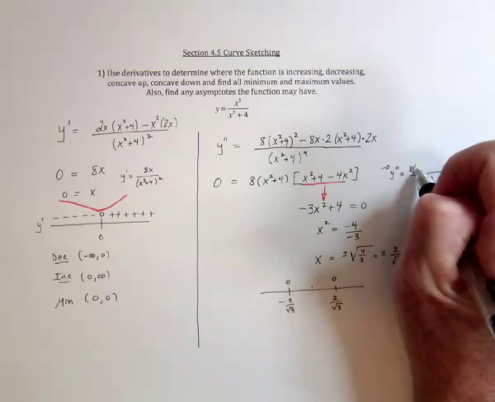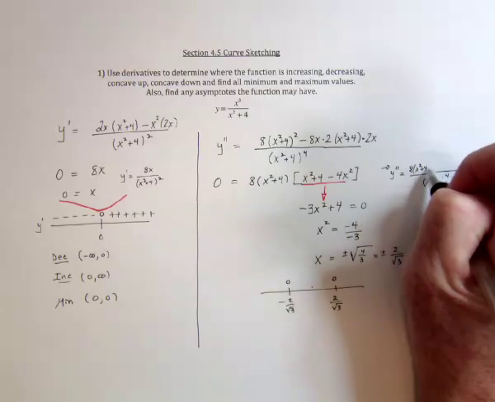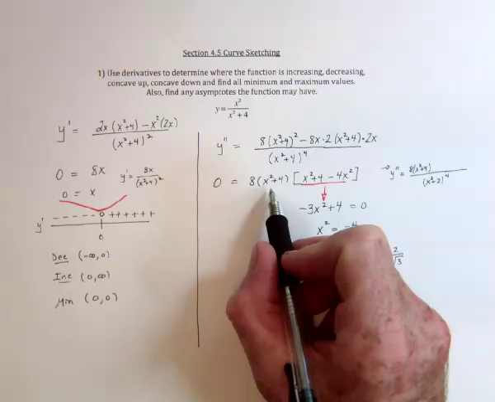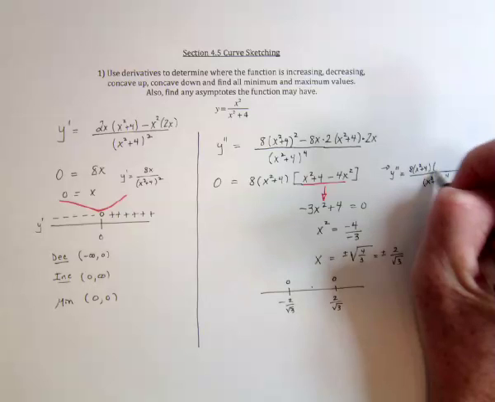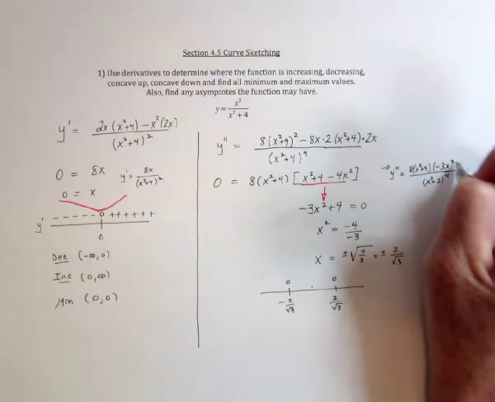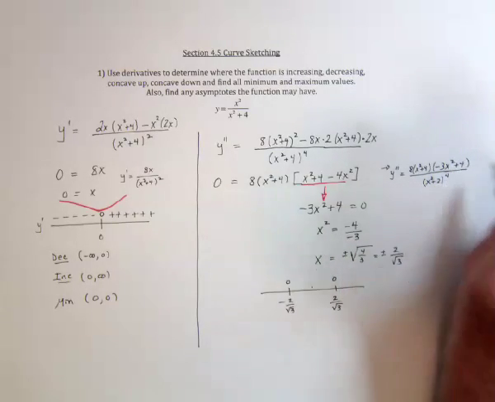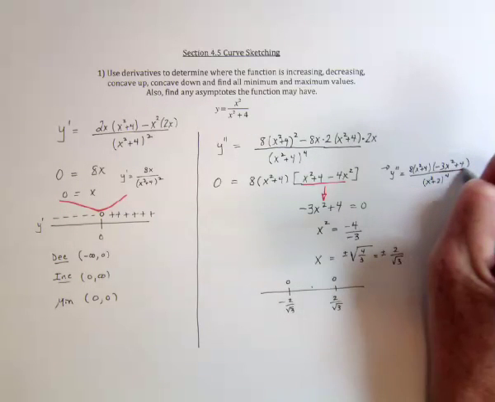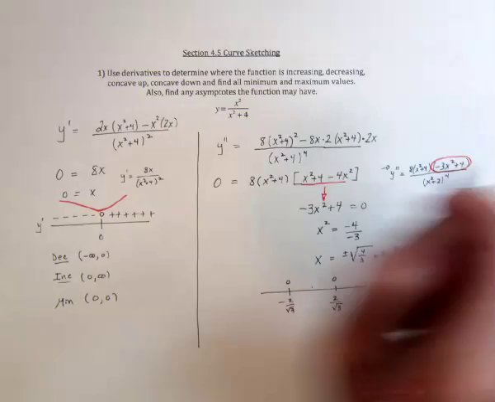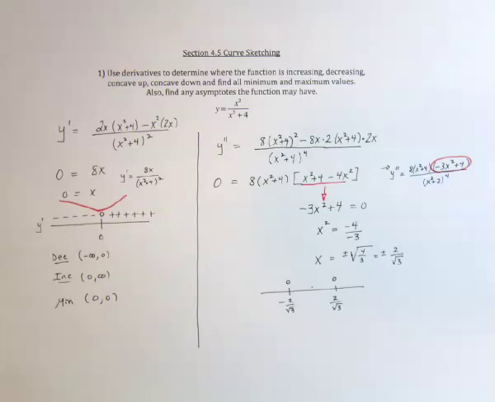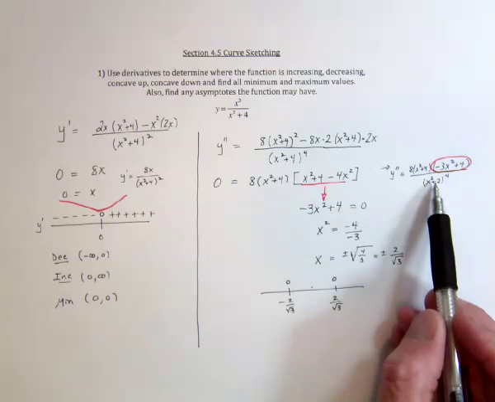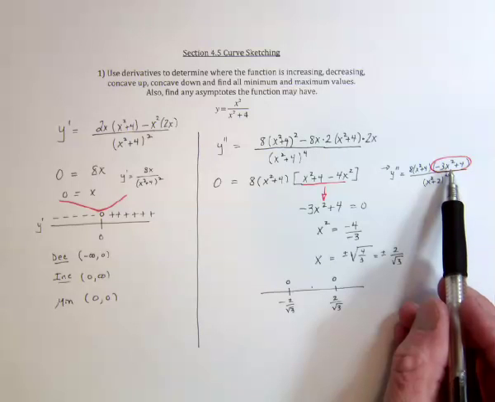And then it's got 8 times x squared plus 4 right there, which is positive no matter what, times this thing, negative 3x squared plus 4. So really for the second derivative, all I need to do is figure out when this thing is positive and when it is negative, and that's going to tell us where it's concave up and concave down, because this is still going to be positive and positive, so that's not going to change whatever sign this is.